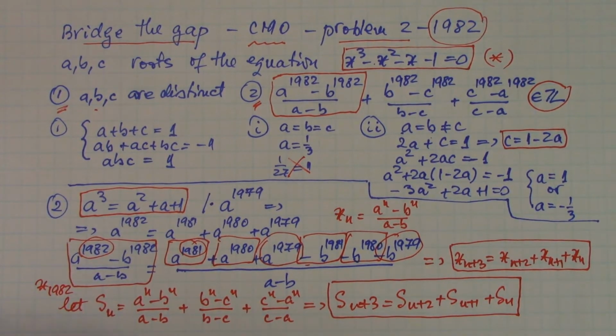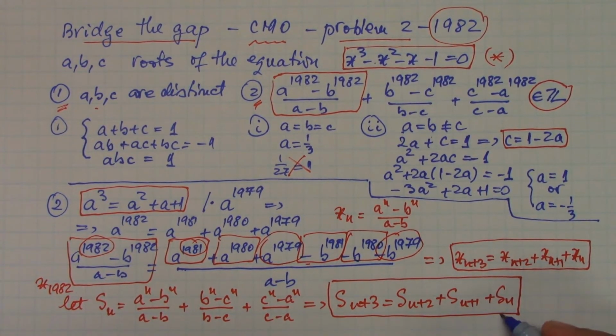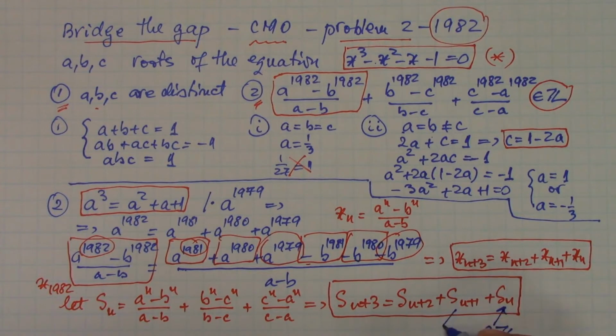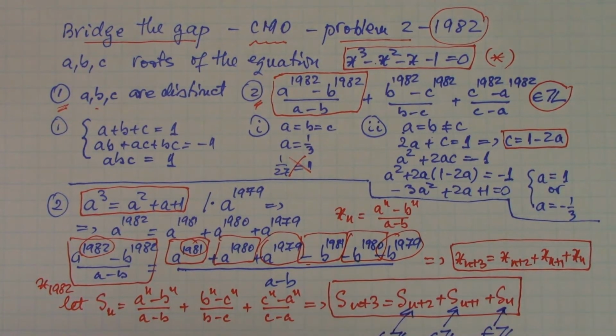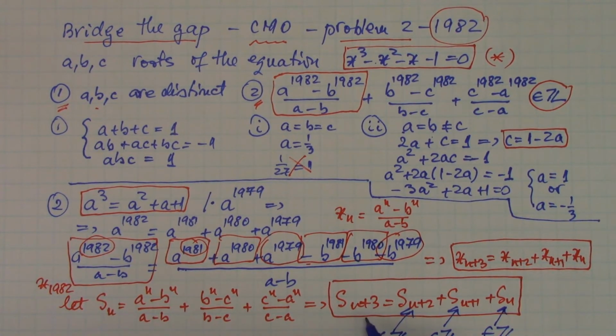Now, how do we prove this? Well, if Sn is an integer, and if Sn plus 1 is an integer, and if Sn plus 2 is an integer, then by induction it would follow that Sn plus 3 is an integer. So all the student needs to do from this point on is set up a mathematical induction claiming that Sn is an integer.